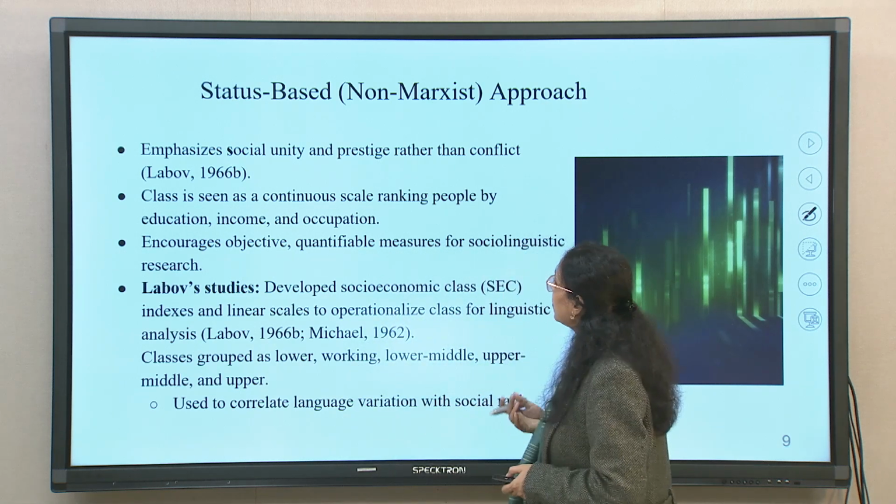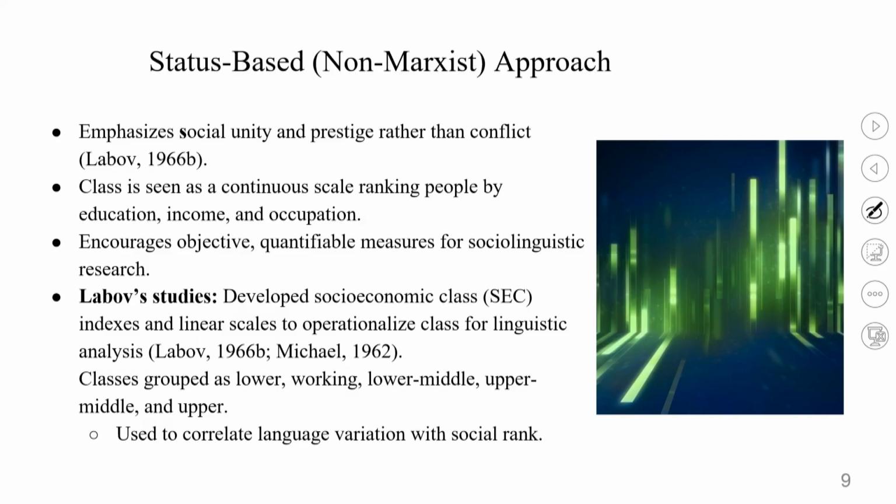So, the older one, the Labovian way of looking at it, is a status based approach, which is a non-Marxist approach. It emphasizes unity and prestige rather than conflict. Marxist approach is based on conflict rather than unity. So, class in this Labovian understanding is seen as a continuous scale ranking people by education, income and occupation.